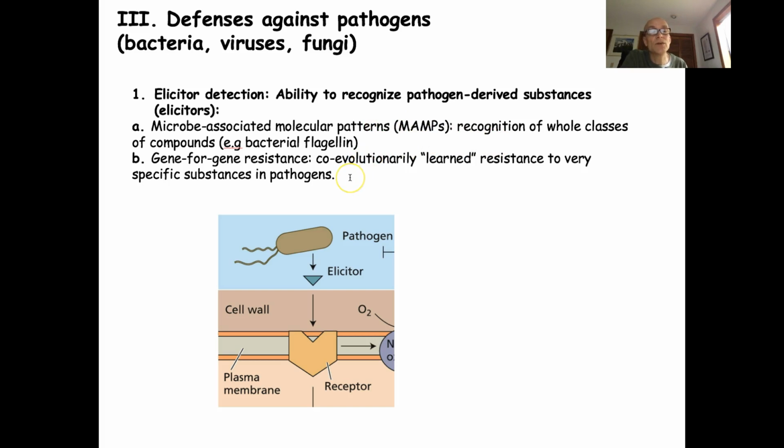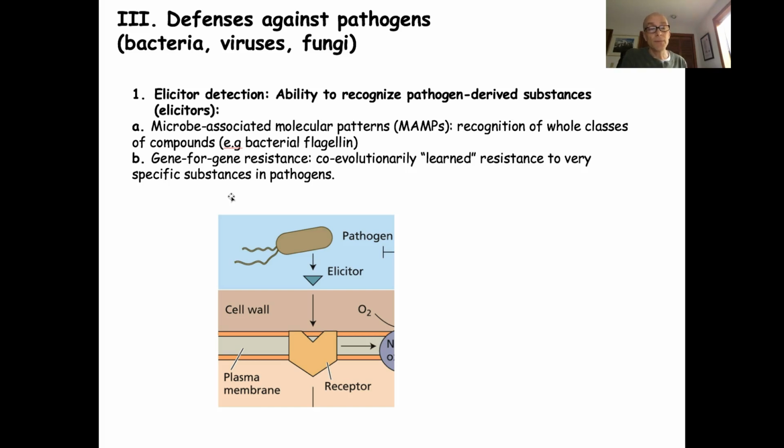Now there's also something that's called gene-for-gene resistance, and if you were to study plant pathology intensively, maybe in grad school, you would hear a lot about these gene-for-gene resistance pathways that have evolved in a co-evolutionary dance, if you will, between a specific plant, maybe even a specific species of plant, and a pathogen that has specialized on a specific species.